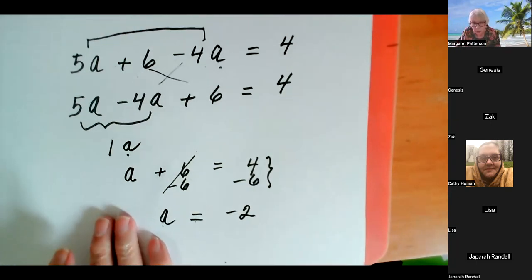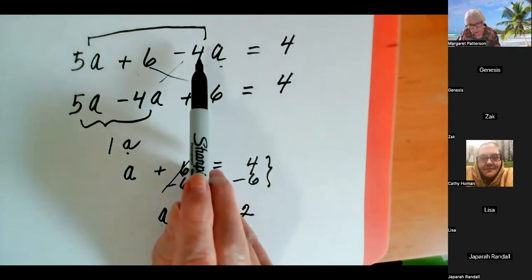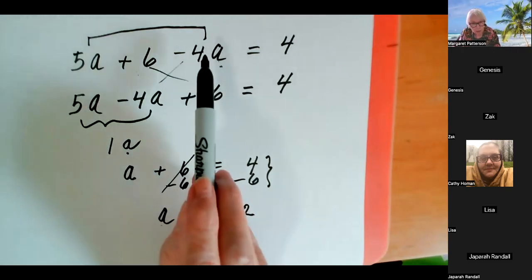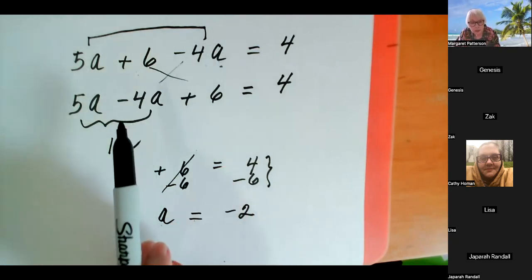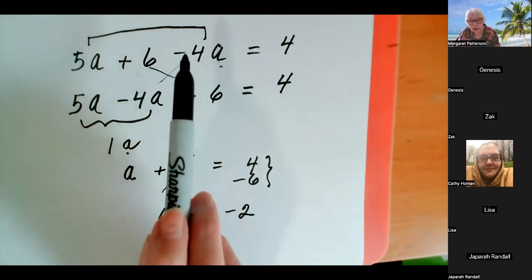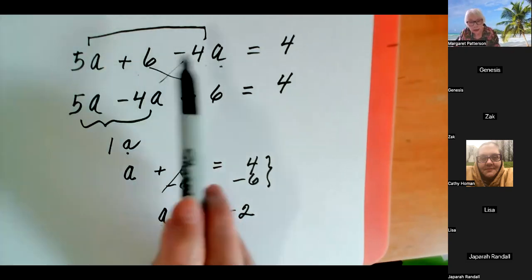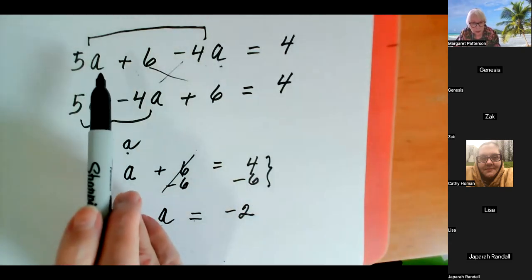So what we're starting to see is if you have a mess, and this original problem was a mess because there was a simpler version to it. So when you see the mess, that's always step 1. Clean up each side. This side was clean. This side was a mess.